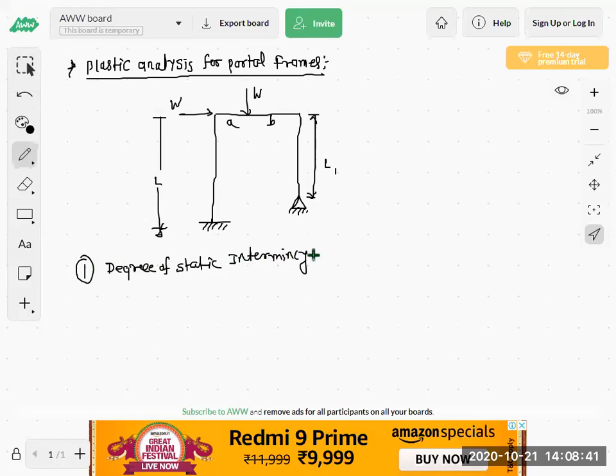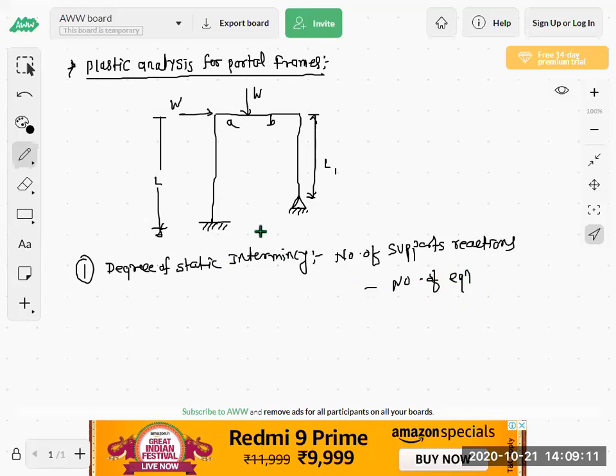It is nothing but the number of support reactions minus the number of equations.